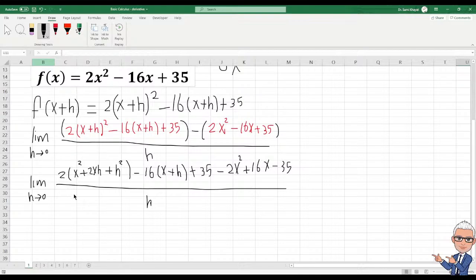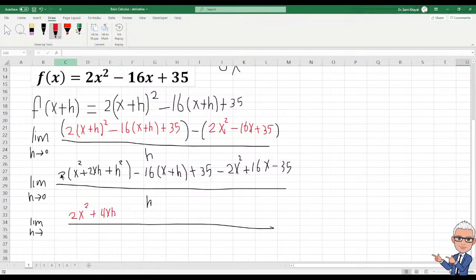Okay. It will be limit. Let's open this one and use the red color here. This one will give me 2x squared plus 4xh.